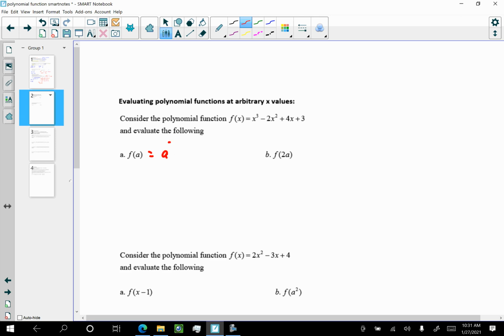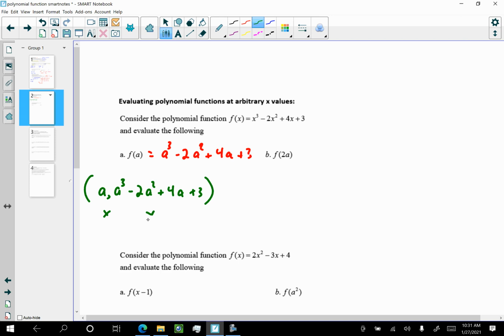This is a cubed minus 2a squared plus 4a plus 3. That's it. So evaluating polynomials at arbitrary x values is pretty straightforward. If you wanted to write the point, it would simply be a, comma, a cubed minus 2a squared plus 4a plus 3. Your x and your y.